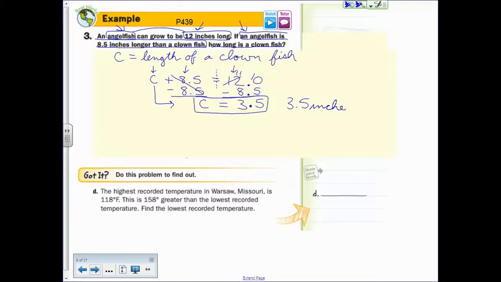Is 3.5 inches smaller than 12 inches? Yes. So a clownfish grows to be 3.5 inches long, while an angelfish can grow up to 12 inches long. So our answer does make sense. Go ahead and try D on your own after the video.